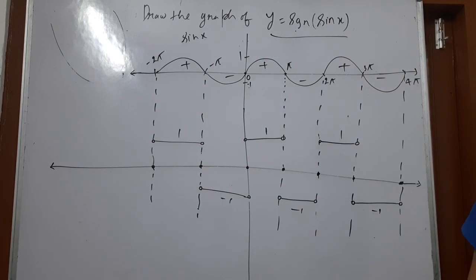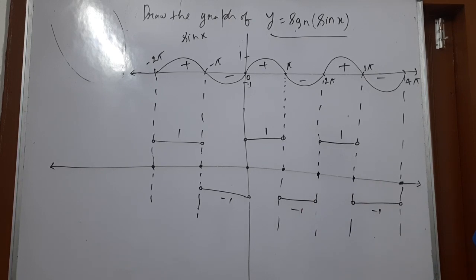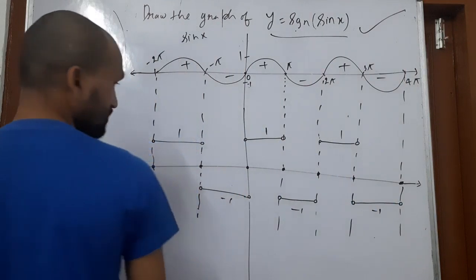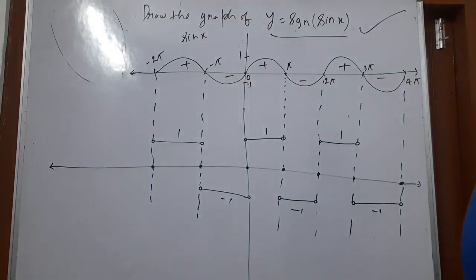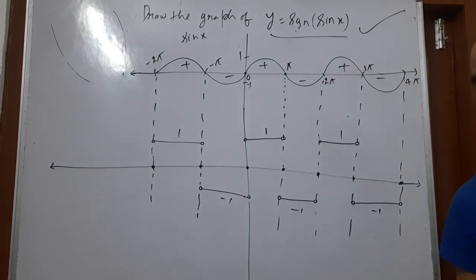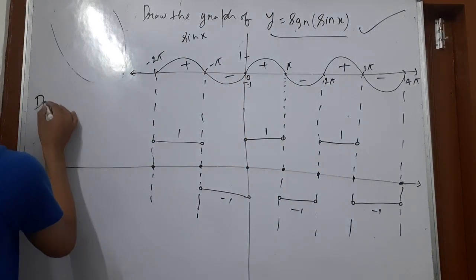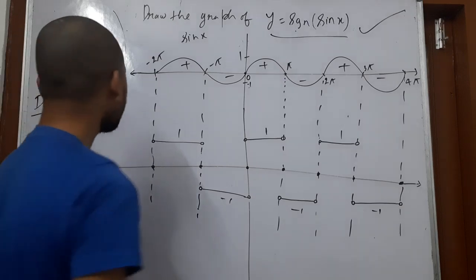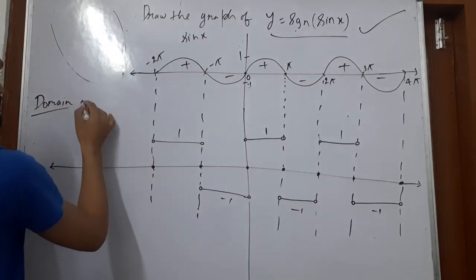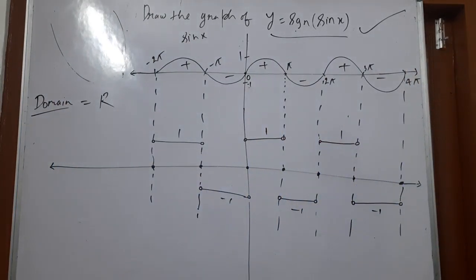Okay students, this is an easy way of drawing the graph of y equal to signum of sin x. Now we should discuss its domain and range. What's the domain? Its domain is all real numbers, because we can draw the graph for every value of x.